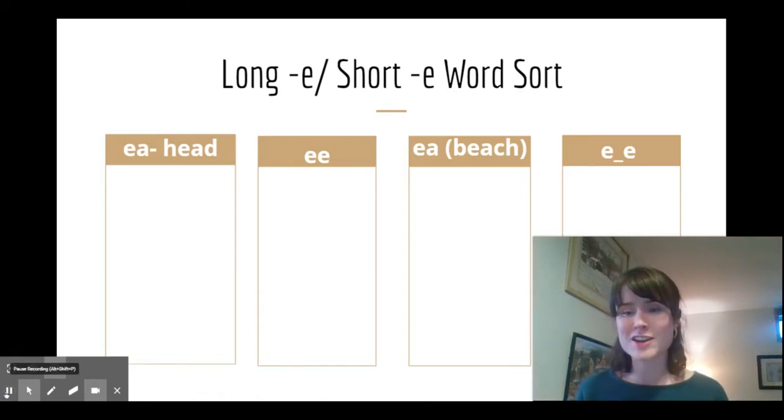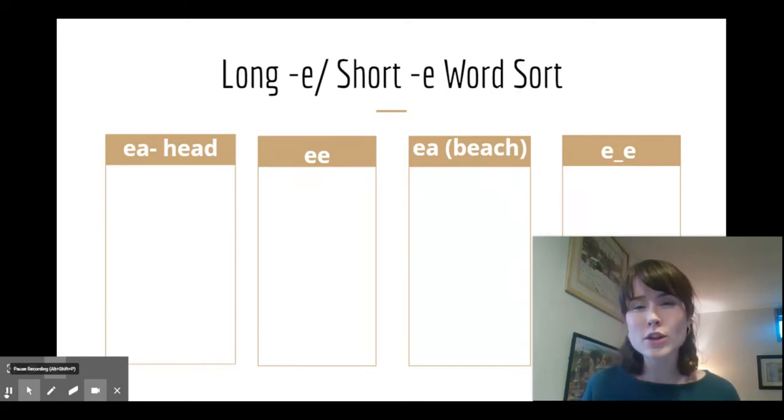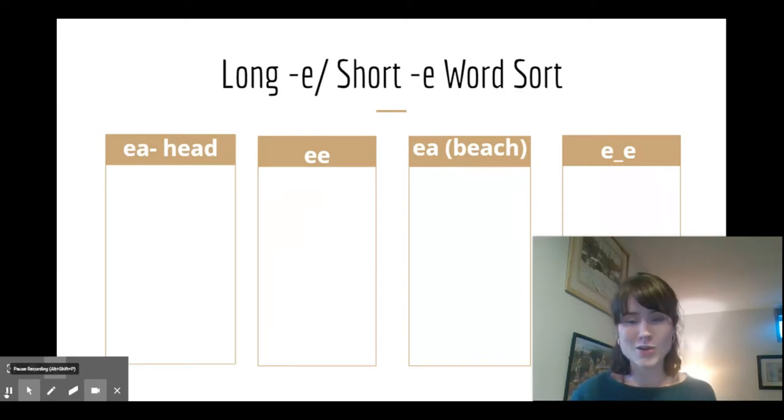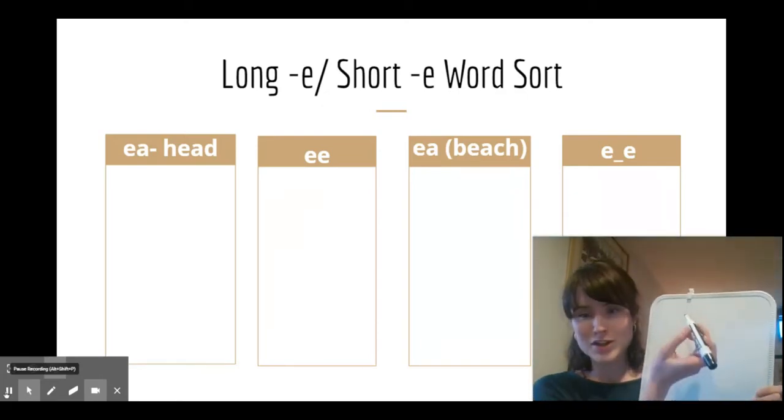So the first word is speech. Build the word speech. And remember, if you build it and it doesn't look right, you can always try a different vowel spelling pattern instead. I would build the word speech on my board just like this.